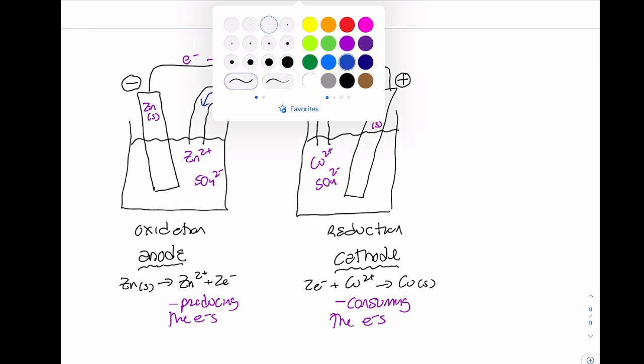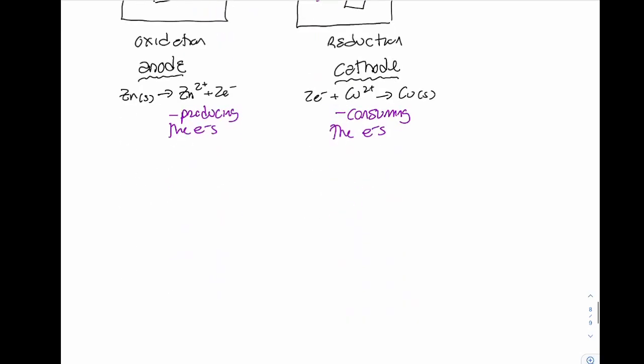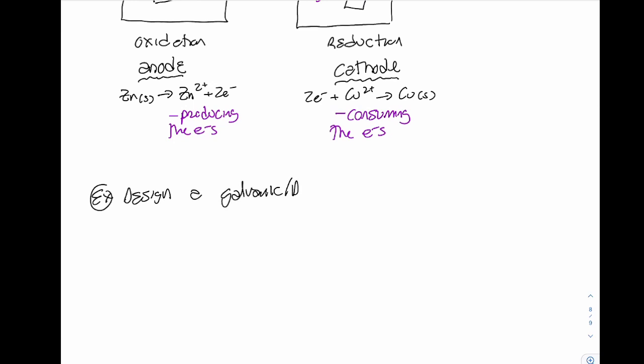So let's look at another example. We're going to design a galvanic cell. I could say Daniell cell. That uses the following reaction.